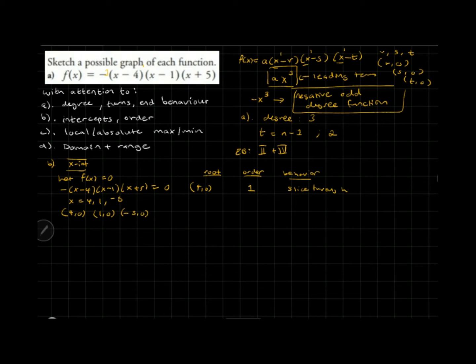Okay, it'll pass through it. The root 1 and 0 has an order of 1, so this also slices through that point. And the other point, negative 5 and 0, has an order of 1 and also slices through. Okay, so that is our order.